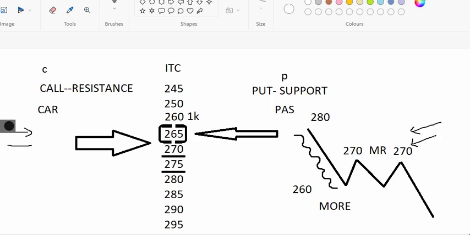So by any chance, if the price manages to open a door at 265 right here, now we are in the next chamber of 260. Let's see here. What are the chances of the price going down from 260 and below, or taking a reverse turn from 260?